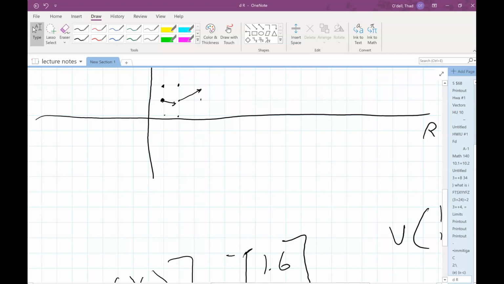So if we just cut them down to all be the same size, we won't be aware of the magnitude of each vector anymore, but we will know the direction of the vector. So if you have the full-length vectors, we call that a vector field. If we shrink them down to be all the same size, we call that a directional field.